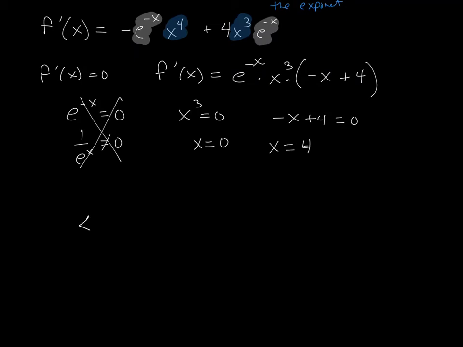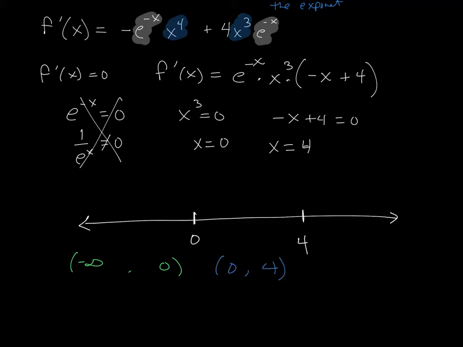Now to finish the first derivative test, I have to look at what happens between each of these intervals. So I need to test values that are in between each of these pieces, because what I want to know is what is happening from -infinity to 0, what is happening between 0 and 4, and lastly, what is happening between 4 and infinity.